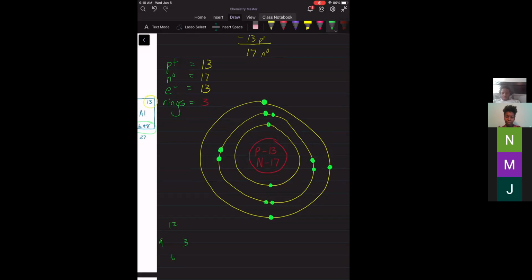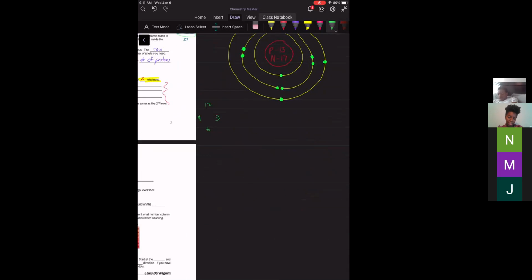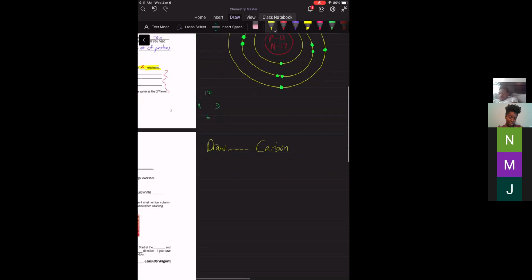All right, let's try to do another one. Let's try draw carbon. The instructions would say something like draw a Bohr diagram for carbon, okay?